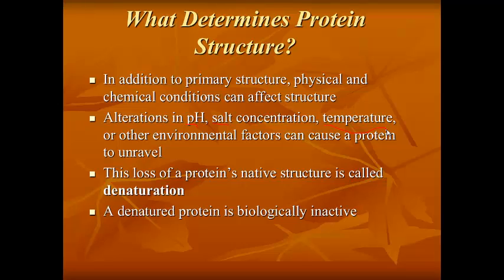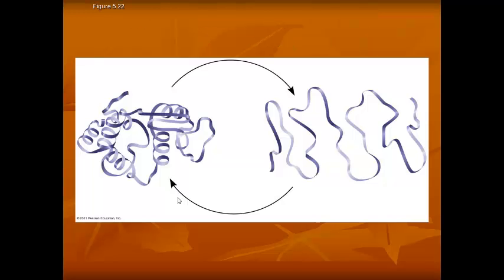If the pH that a protein is in changes too dramatically, or if the temperature is increased too much, for instance, if a protein is placed in boiling water, that protein will denature. To denature means that all the chemical bonds are broken and that protein is going to unravel. Once that protein unravels or denatures, it is then biologically inactive. It cannot do anything.